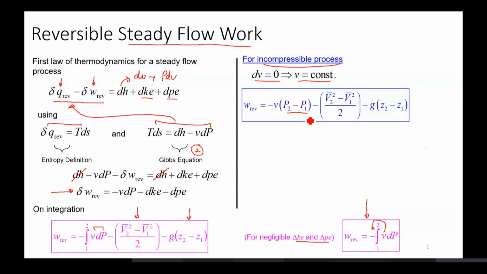Let us have an overview of an example which says you have to determine the compressor work, or you would say a compressor is to compress steam or saturated liquid.